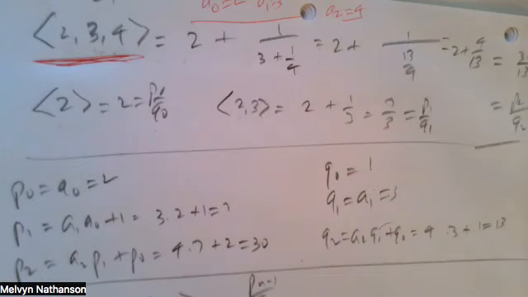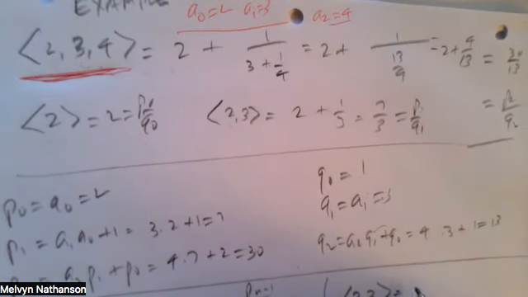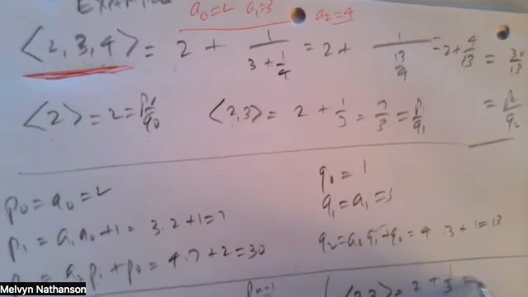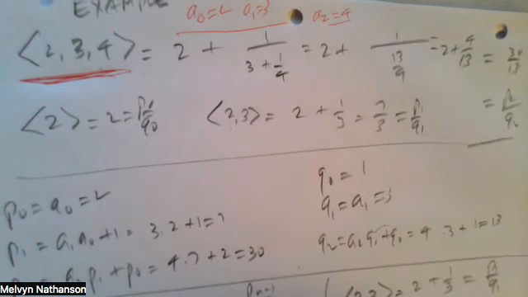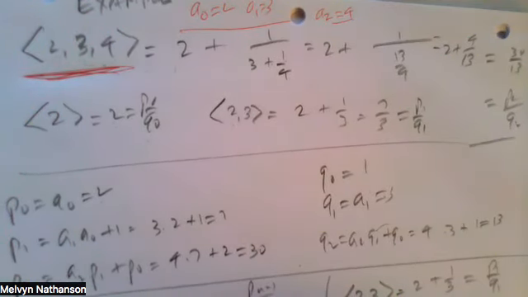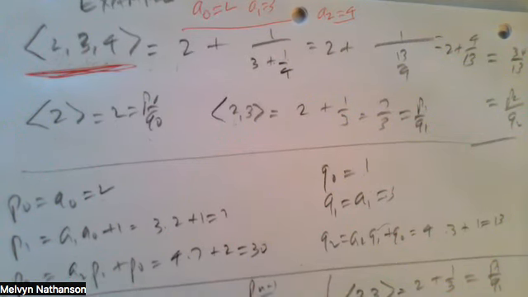Okay. And how did we get, for example, that 2, 3, which is 2 plus 1 over 3, is P1 over Q1. 2, 3, 4 is 2 plus 1 over 3 plus 1 over 4, right? I have to show that's equal to P2 over Q2.